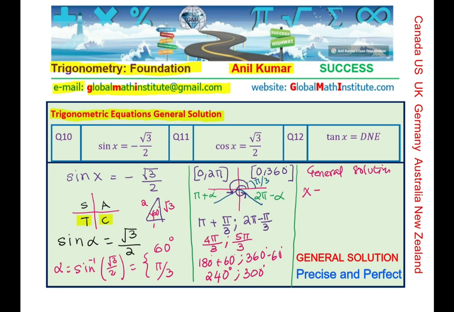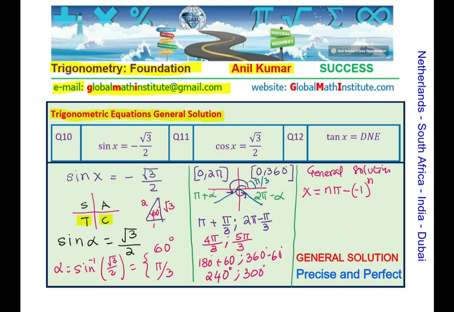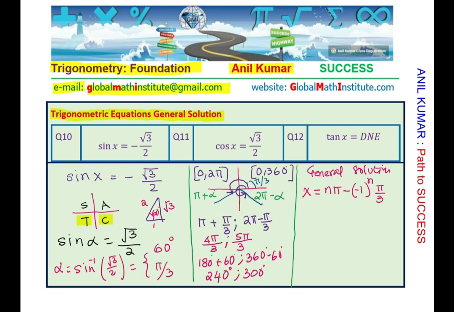So we can say x is equal to n pi. When n is 1, we are doing pi plus the related acute angle. So we'll do minus 1 to the power of n and the related acute angle being pi by 3. Do you see that? That is how you could do it. You can test your value. If n is 1, for example, then negative 1 to the power of 1 will be negative 1 itself, so it gives you n pi plus pi by 3.